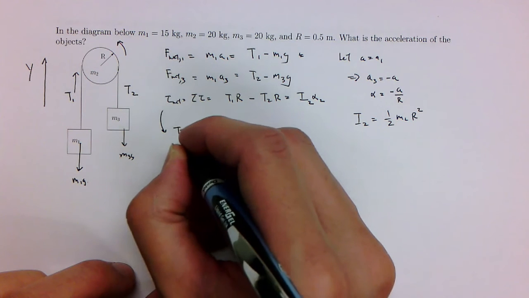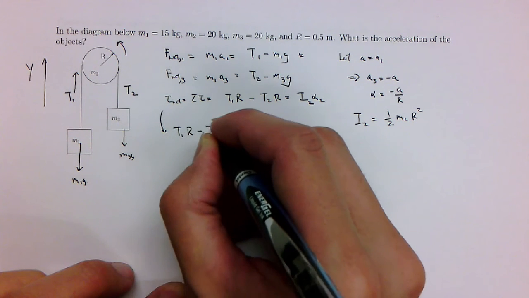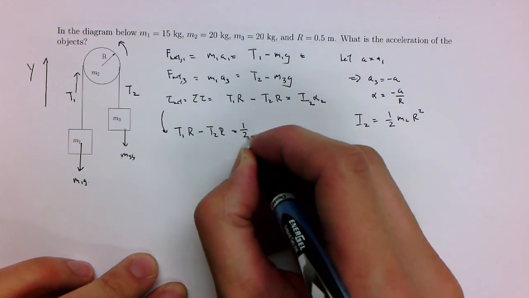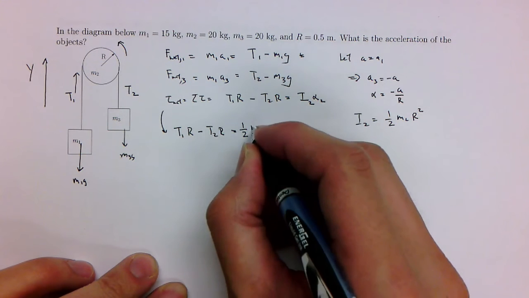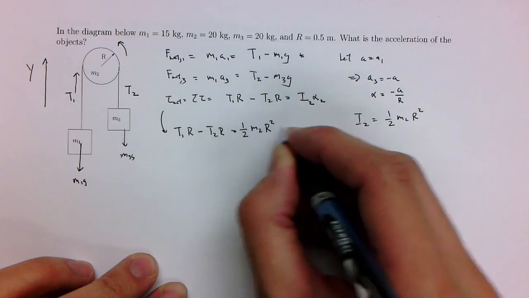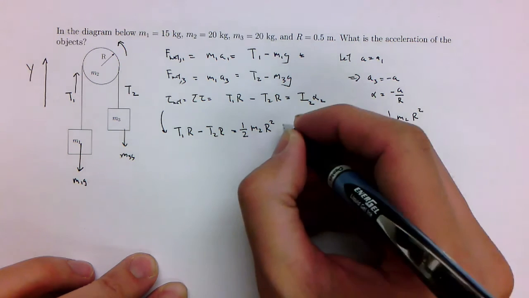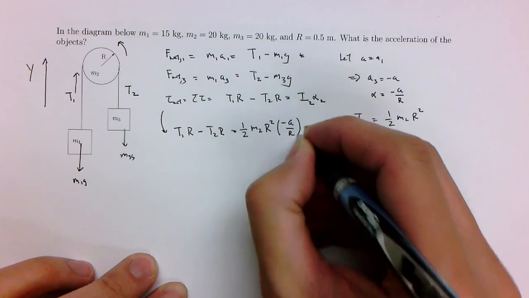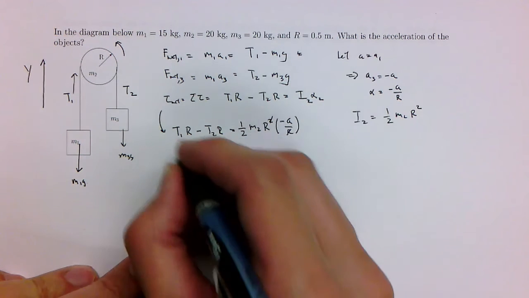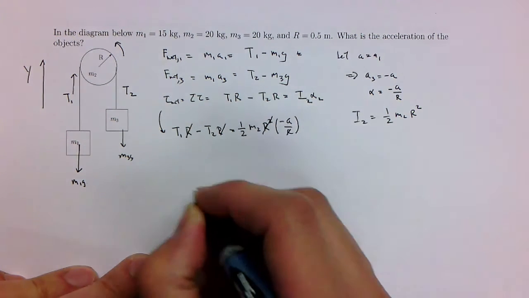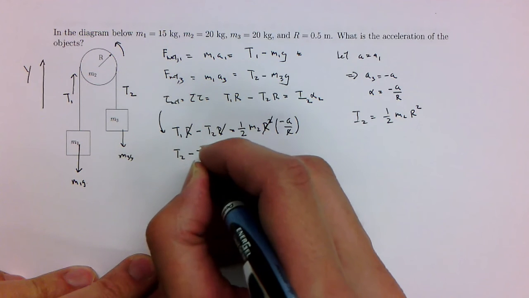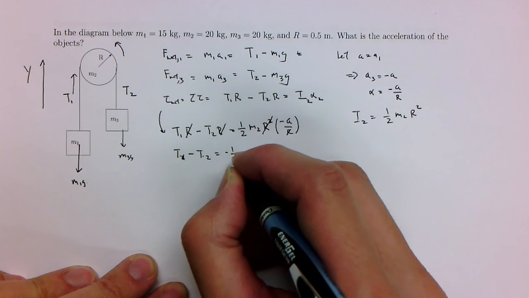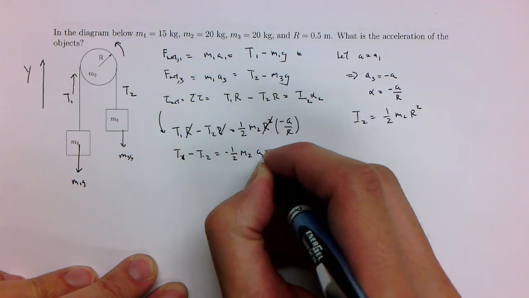This would be T1 times R minus T2 times R is equal to 1/2 M2 R squared times alpha, which is minus A over R. The R's will cancel. These R's will cancel all the other R's. And so you get T1 minus T2 is equal to minus 1/2 M2 A.